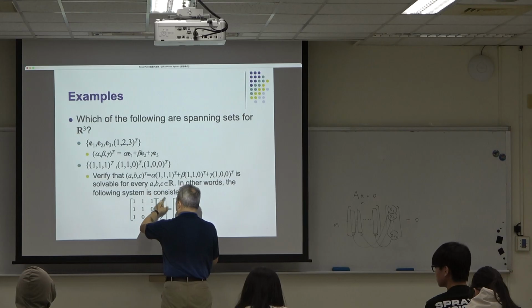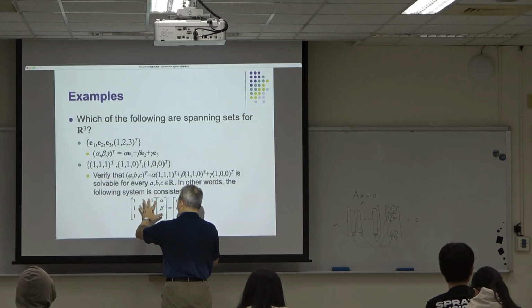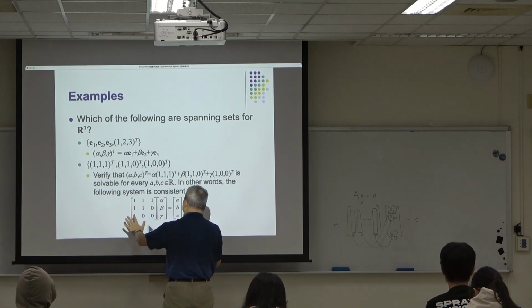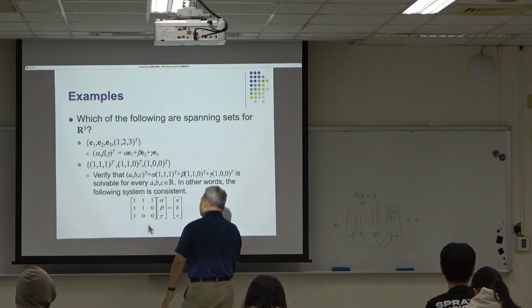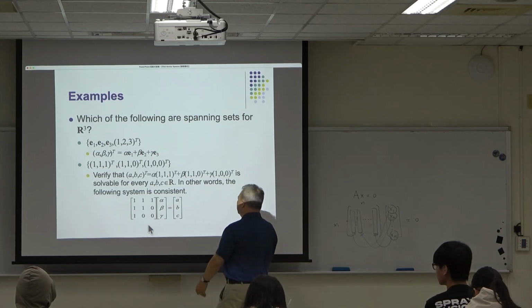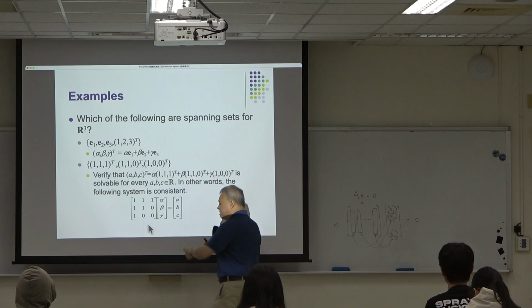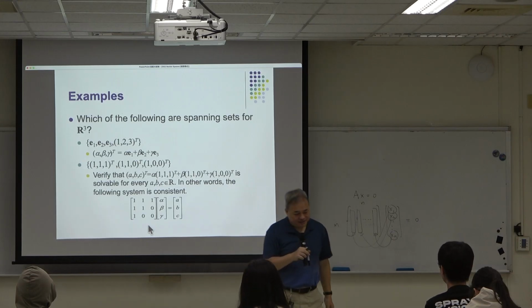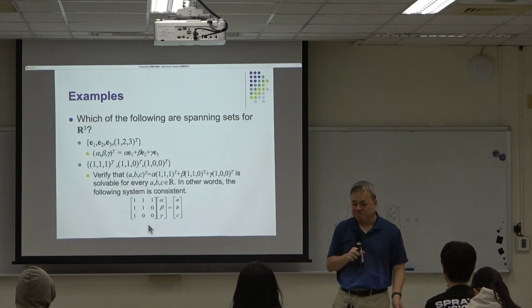This linear combination should equal a, b, c. So we want to show this system is solvable.